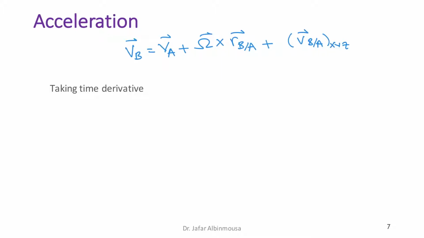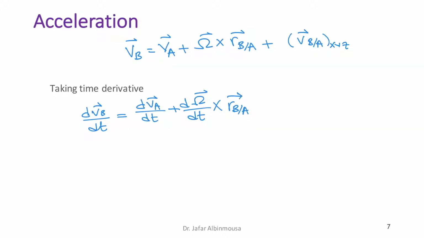If we take the time derivative, we will have dVB over dt, which is equal to dVA over dt plus d omega over dt cross RB with respect to A plus omega cross d RB with respect to A over dt plus dVB with respect to A measured from small x, y, and z over dt.